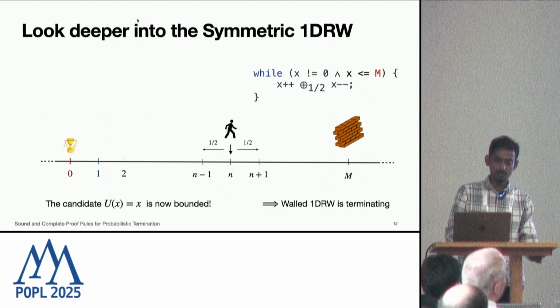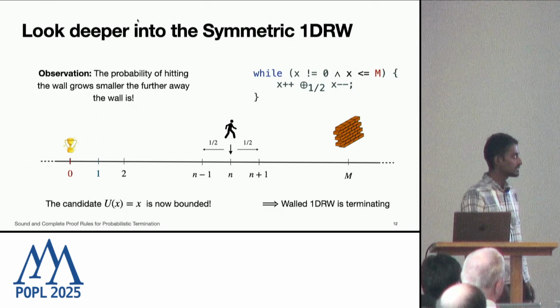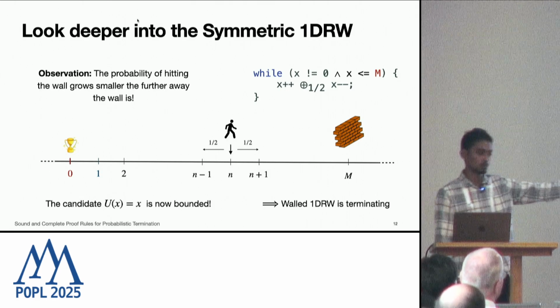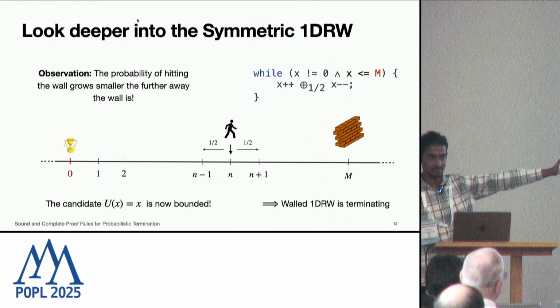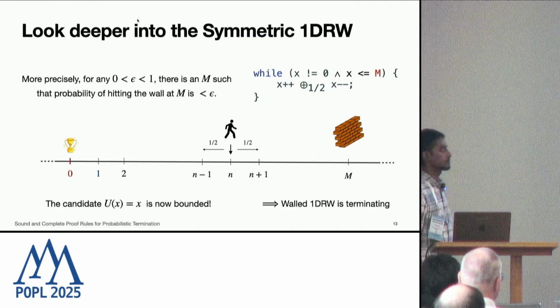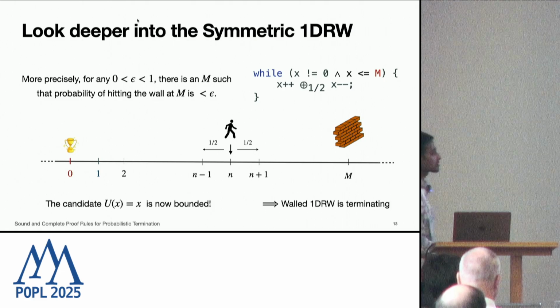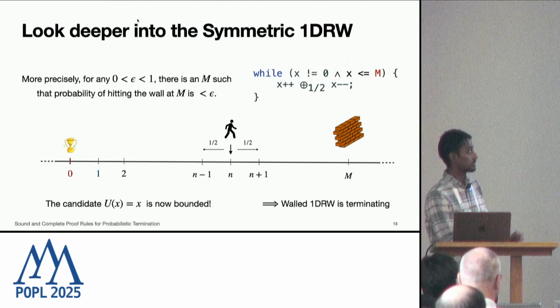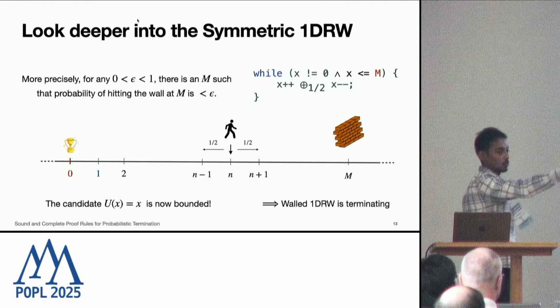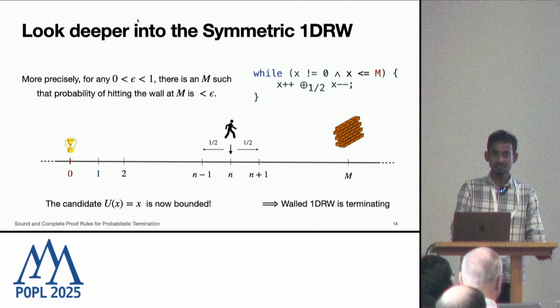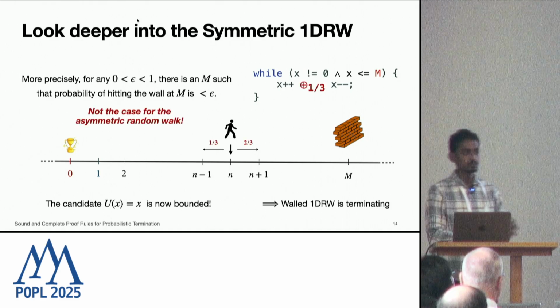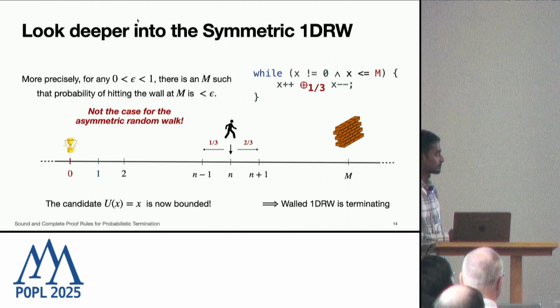But a cooler thing is that the probability with which you hit the wall grows smaller the further away the wall is. In fact, for any possible epsilon, there is a position for the wall so that the probability with which you actually reach the wall is less than epsilon. This is a very nice observation, and the even cooler part is that this is not true for the asymmetric random walker.